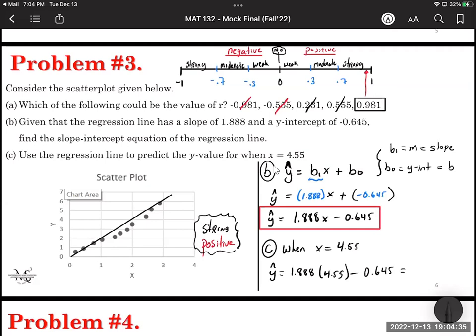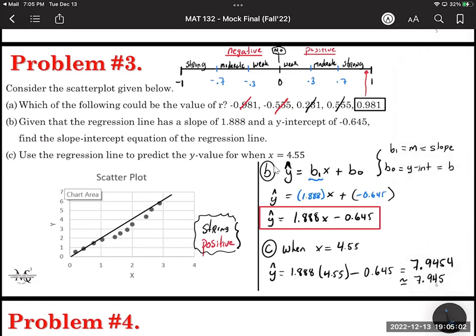Can you give me an answer without rounding? 7.9454. That's the exact answer we get. But if we had to round this to just 3 decimal places, you'd say 7.945, because the 4 at the end tells the 5 to stay the same.